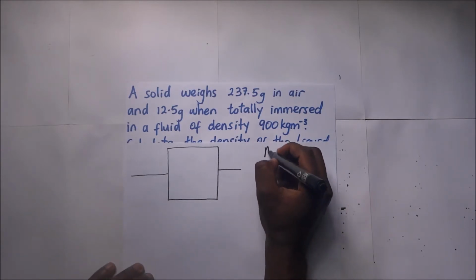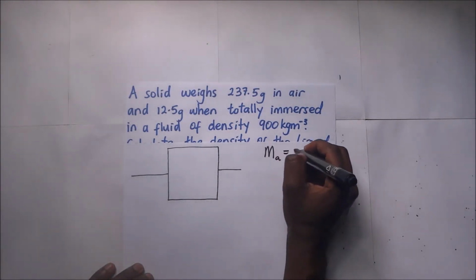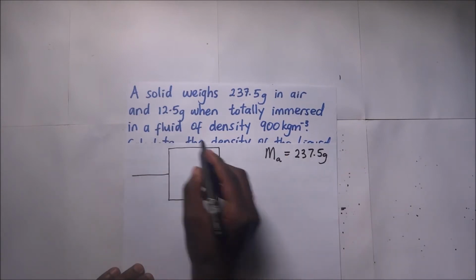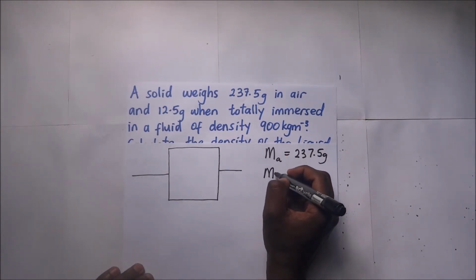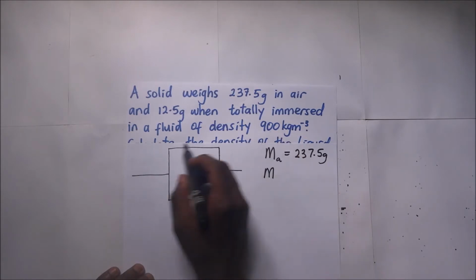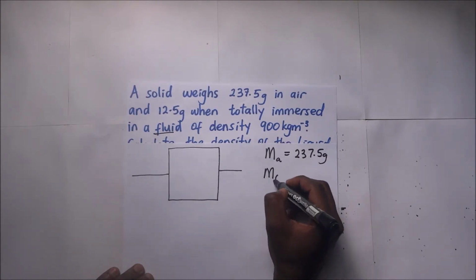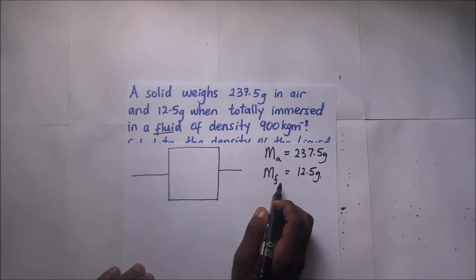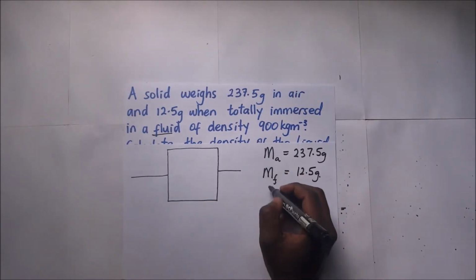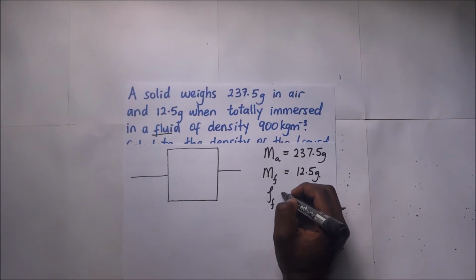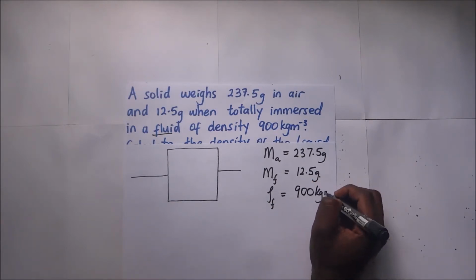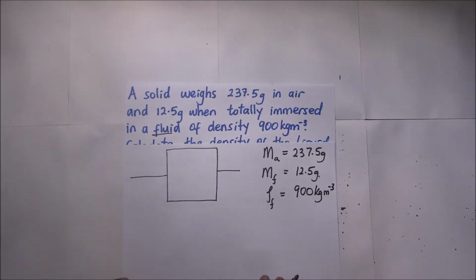So its mass in air is 237.5 grams. And then its mass when it is totally immersed in a fluid is 12.5 grams. And they're telling us that the density of this fluid is 900 kilograms per meter cubed.